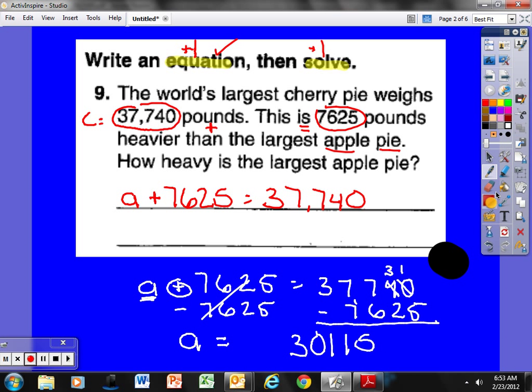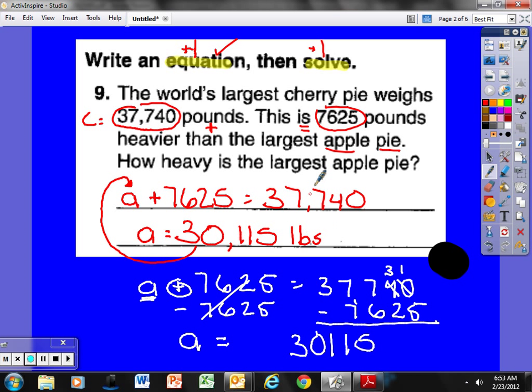So I now know that A is equal to 30,115 pounds. And again, to check that, I could substitute it back into my equation, add this plus this, and it should give me 37,740. And I should label this, it also is pounds.